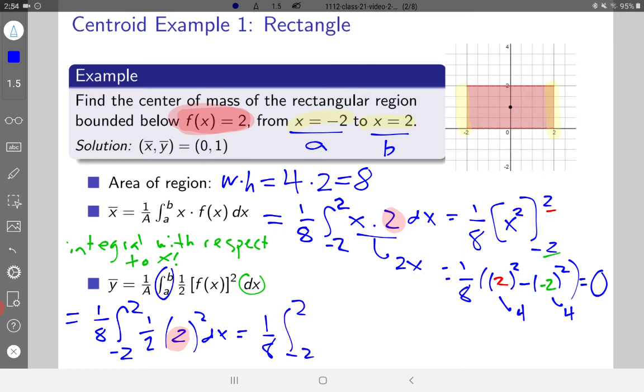Inside I have 2 squared is 4 divided by 2, it's 2. So I don't even need to write out any antiderivative here. I can just say this is asking for the area under the graph of 2 from -2 to 2. So that's a width of 4, a height of 2. 4 times 2 is 8, all over 8. That's 1. And there I can see I got 0, 1. That's exactly the coordinates of the centroid point right there.